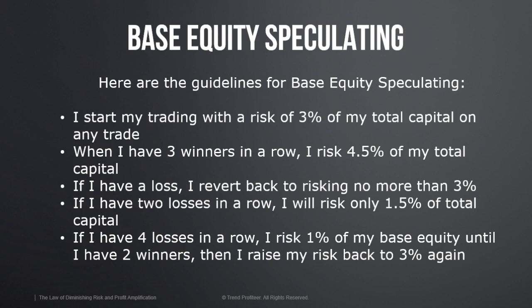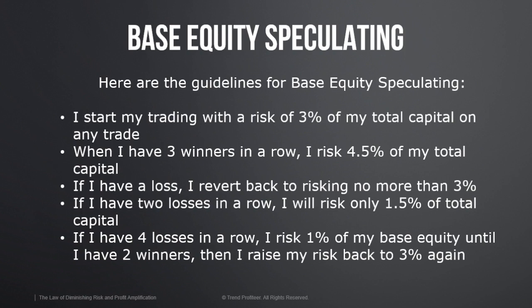When I have 3 winners in a row, I risk 4.5% of my total capital. If I have a loss, I revert back to risking no more than 3%. If I have 2 losses in a row, I will risk only 1.5% of total capital. If I have 4 losses in a row, I risk 1% of my base equity, until I have 2 winners, then I raise my risk back to 3%.